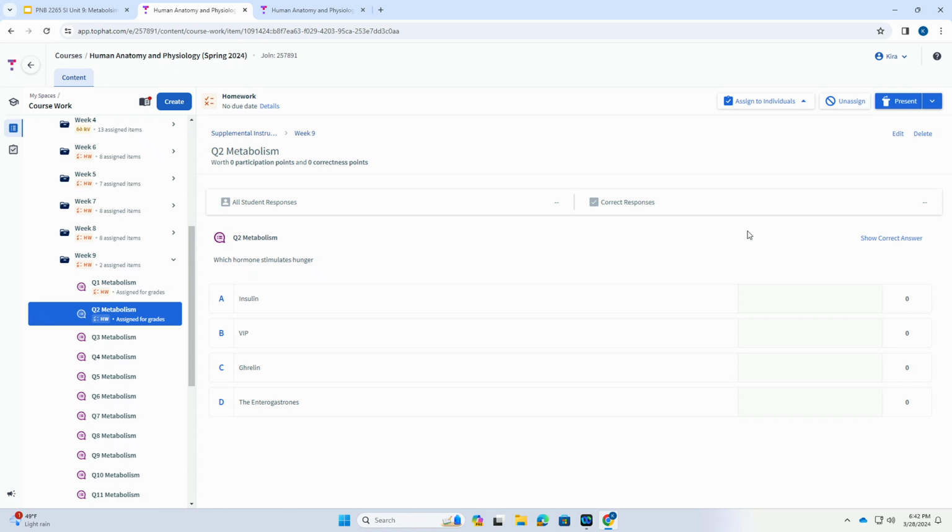Which hormone stimulates hunger? Nice. So if you look at our drawing, all the rest of them are involved with satiety.